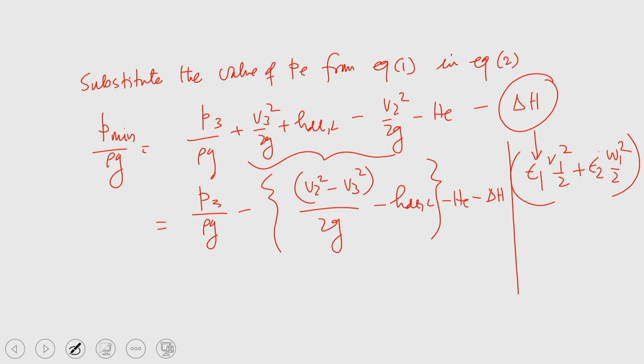Try to understand, this is nothing but eta draft tube into V2 square minus V3 square by 2 g.